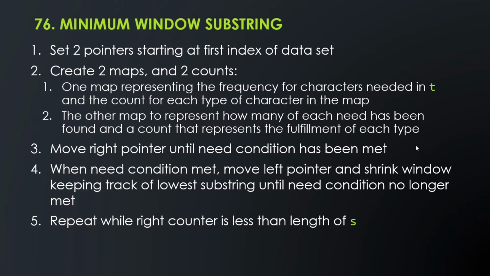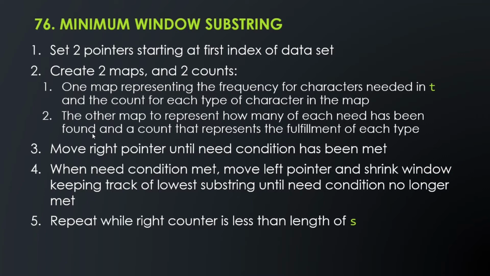And so the other map we're going to need is a have map. While we are parsing through the string S, we are going to keep track of what we have found based on what we need. And then we're going to move the right pointer until the need condition has been met. That is the need count discussed here.